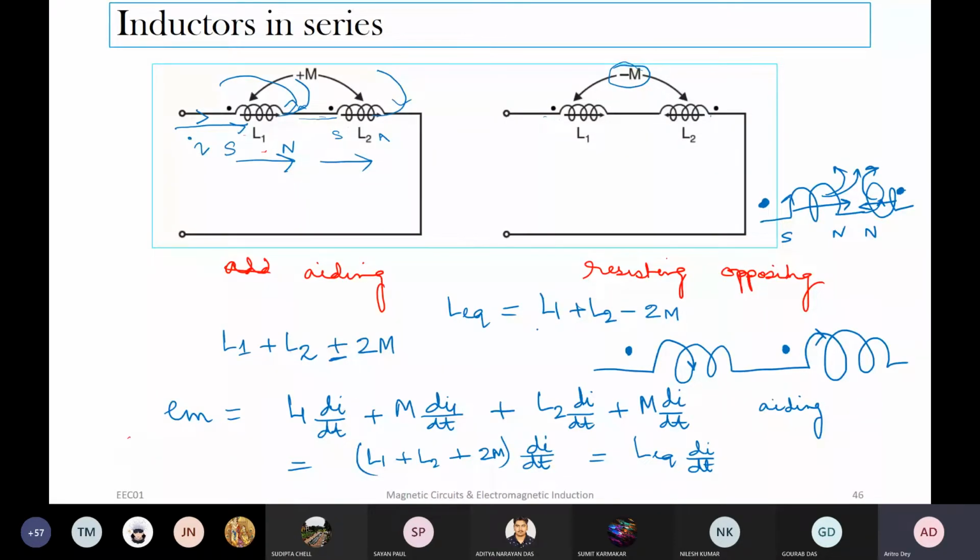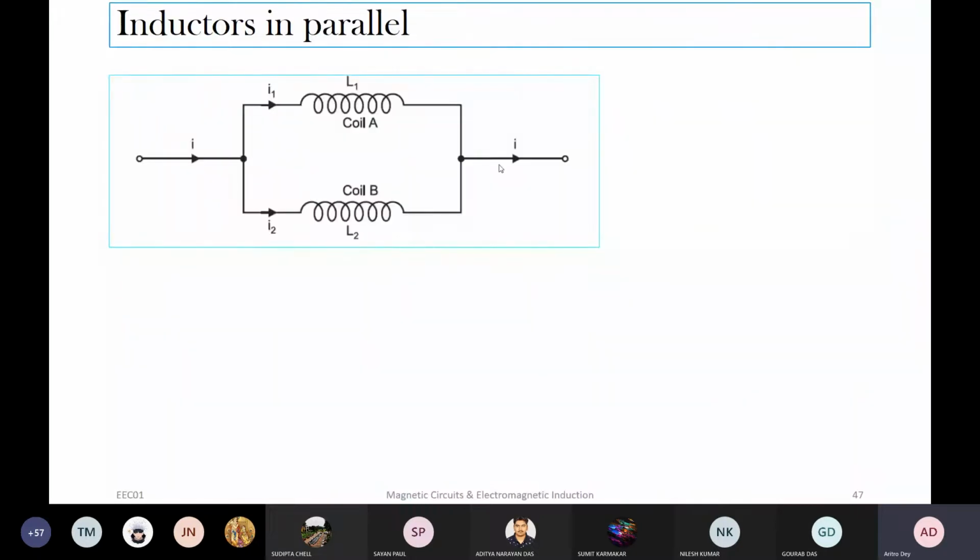If we have a complicated circuit, depending on the dot convention, we can write plus or minus for the mutual one. Whenever M is equal to 0, it is simply L1 plus L2, just like your resistance R1 and R2.